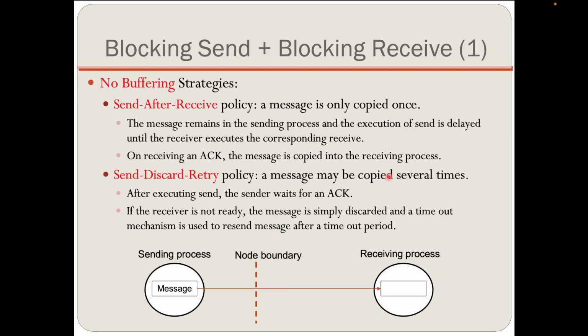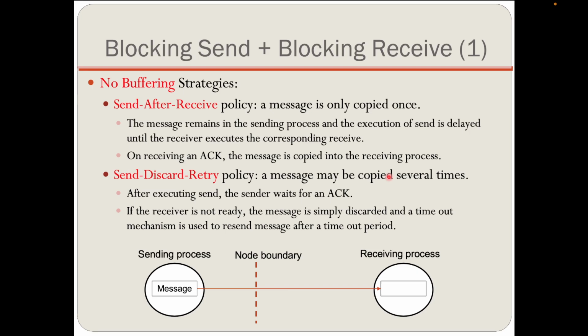So a message is always copied twice. The first copy is from the sender's process to the receiver's system buffer, and the second time it comes from the receiver's host buffer to the receiving process. So a single buffer will be enough.